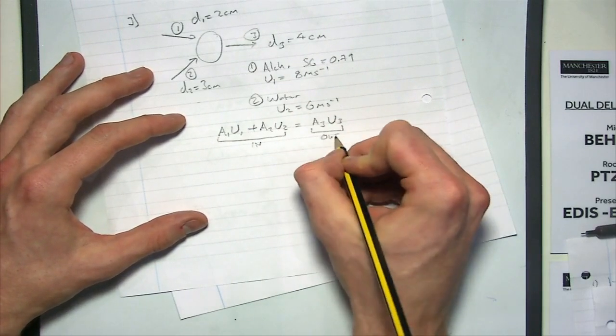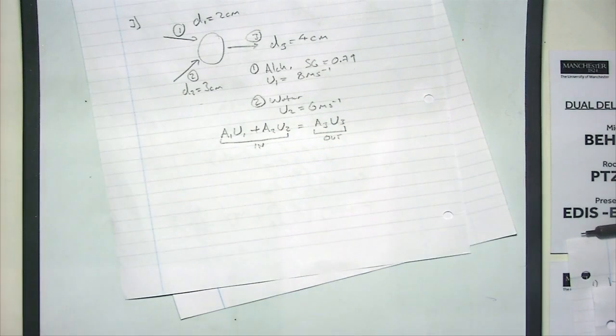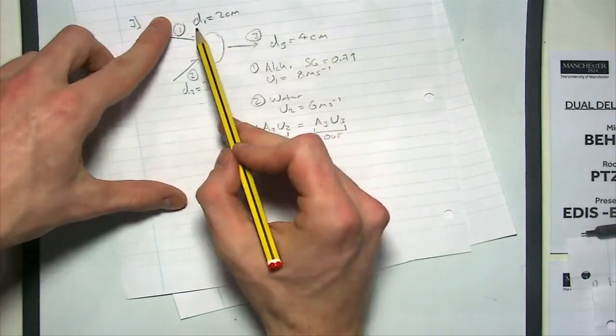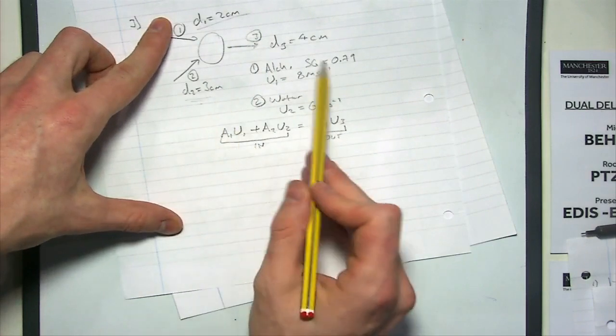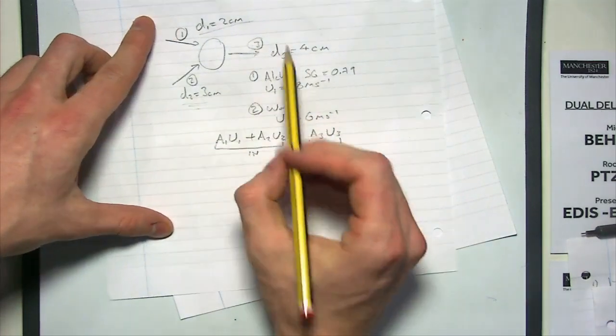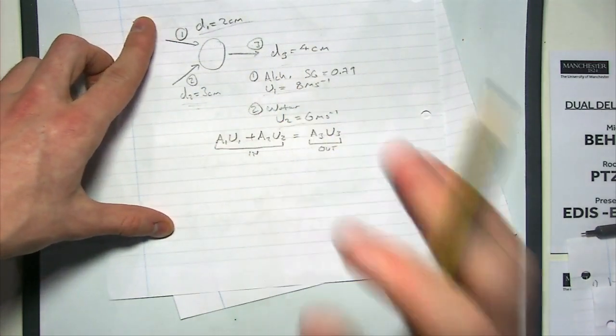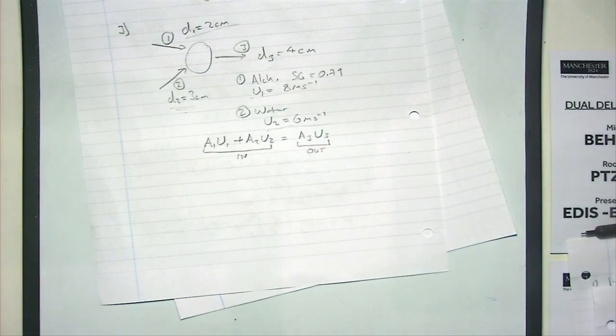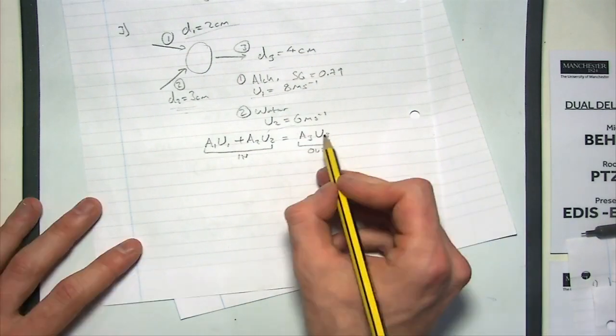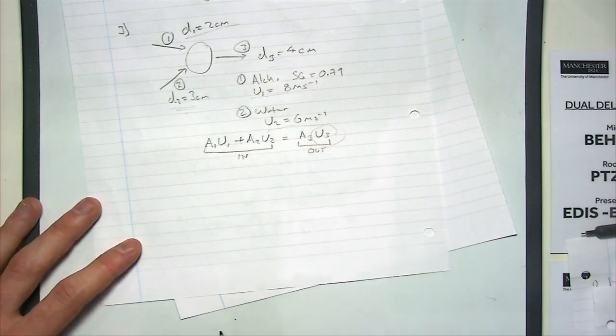Out. So then we can just rearrange that equation. So we can figure out the area because we've got these diameters. So all the areas are known, and we've been given the velocities at 1 and 2, right? So the only thing we're going to find is the velocity coming out. So we rearrange this equation to isolate the velocity at 3.